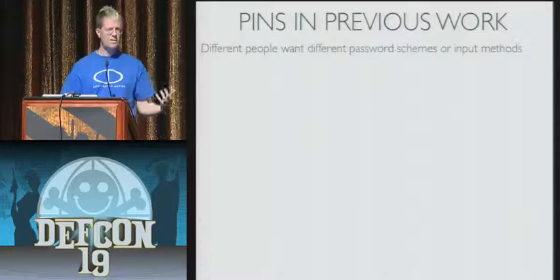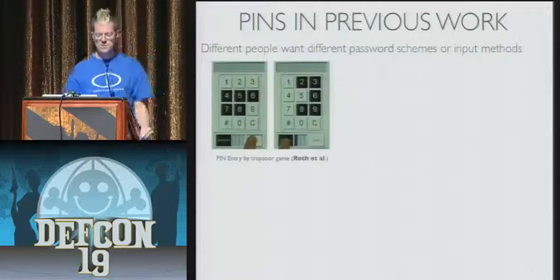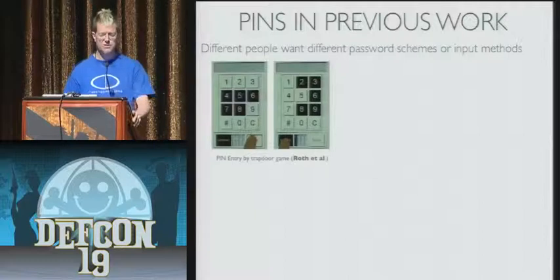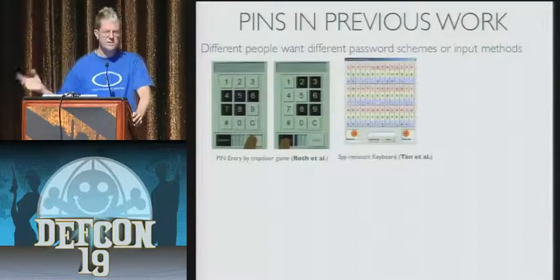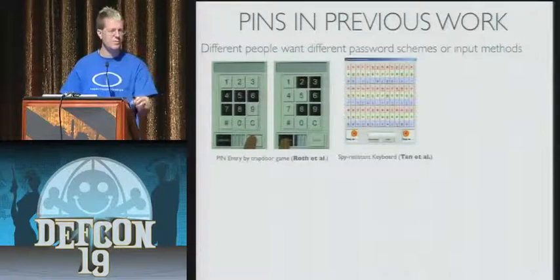So quite a few researchers in the human interface community have suggested alternative methods of PIN entry. For example, PIN pads that move around and you have to play kind of a game, so the interaction is not so easy to replay. Spy-resistant keyboards, so you can't tell which of the keys someone's selecting because there are multiple different colored characters on a key.